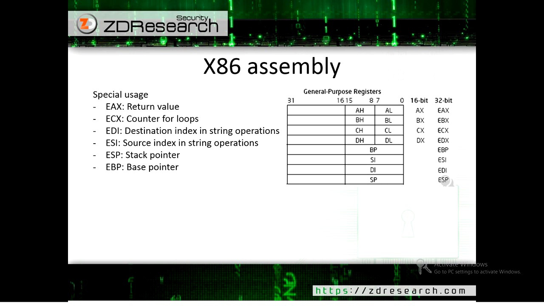The EDI register is used for the destination index in string operations. For example, when you use the instruction STOS, which is a string instruction, it uses the EDI register as the destination address for copying the string.